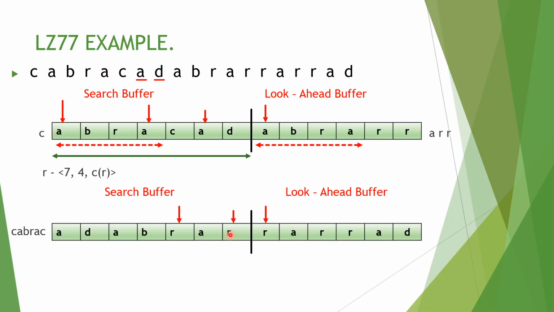A. Here after R, no symbols are there, and here, at the second match of R, after that the symbol A is here, and this is matched with the look ahead buffer. So we match R A, R A, after that R.